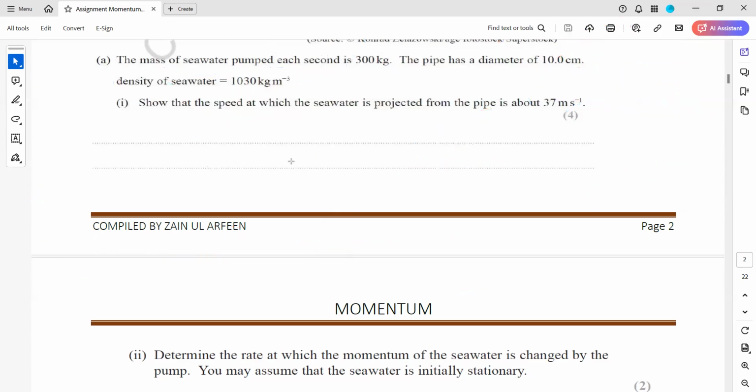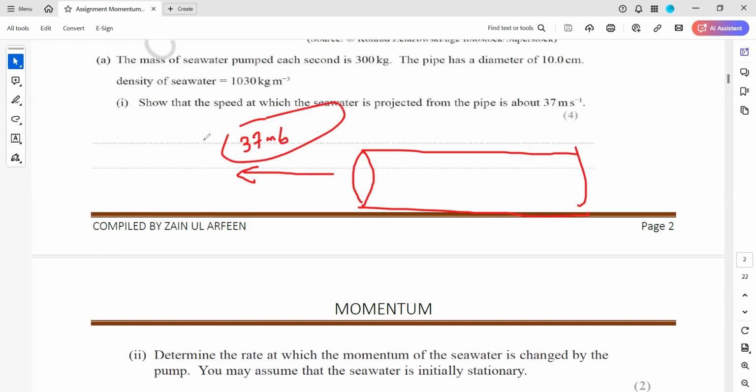Look, the question is, yeah, I will repeat the question. See, the question is, we want to show that the seawater is pumped at a speed of 37 meters per second. That we have to show. But if you need the speed, you need the distance, and you need the time.